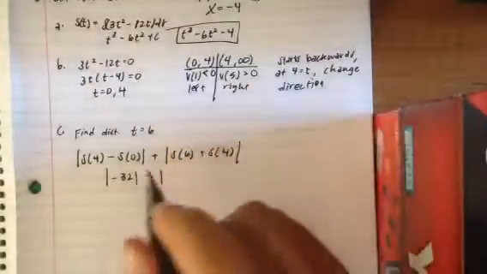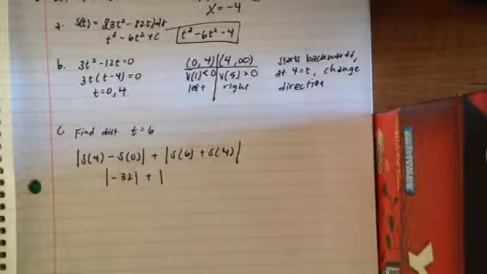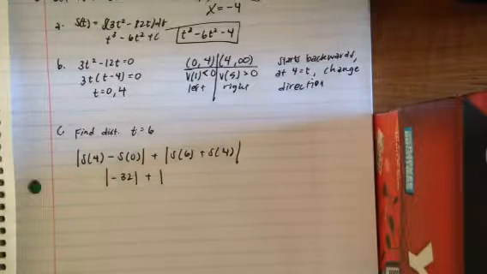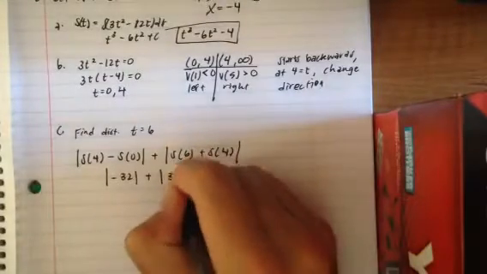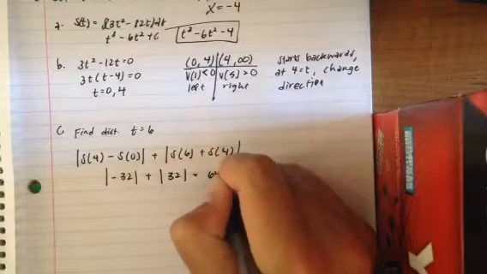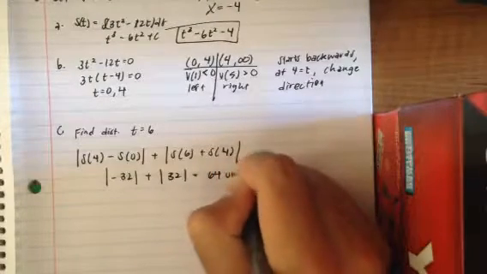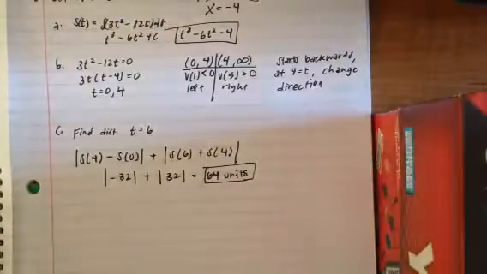And then plug this into my calculator, and s of 6 you would also get, well, you get a positive 32, and so your answer would be 64 units. And that is it for 6.